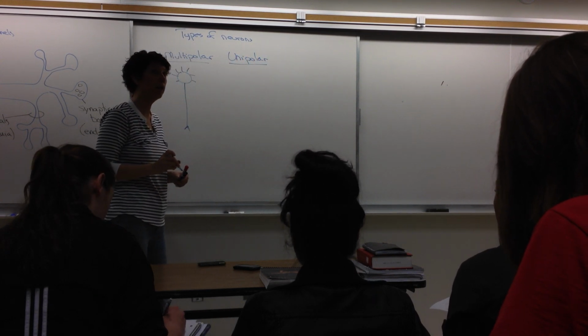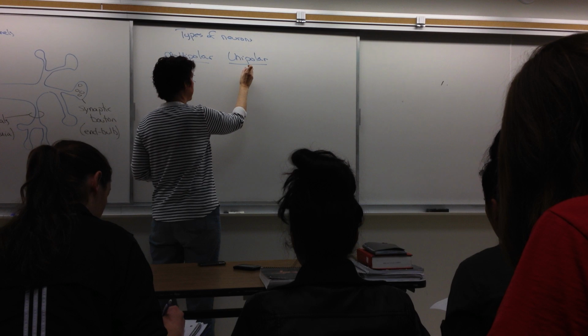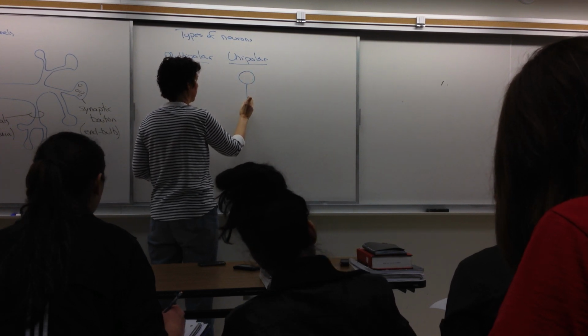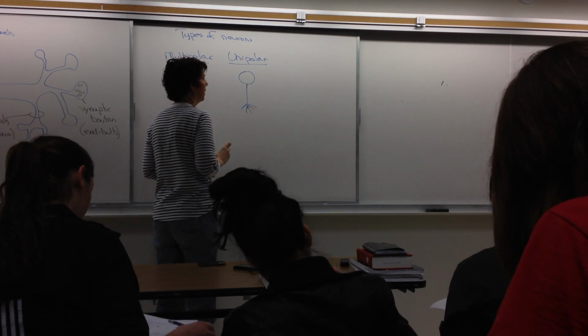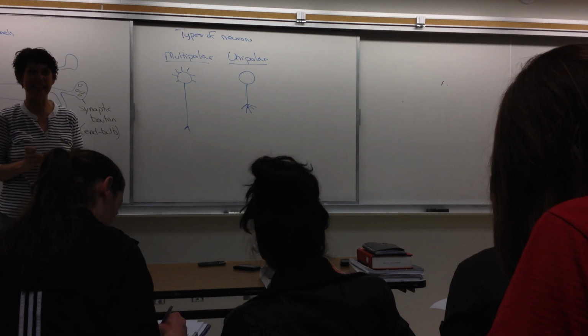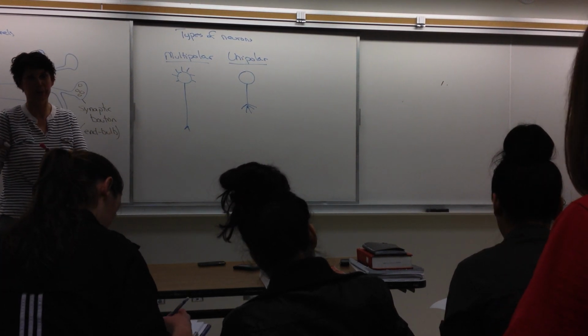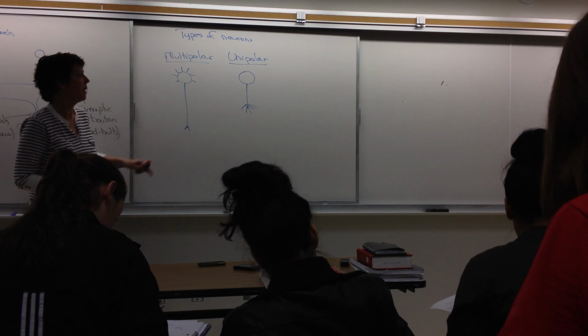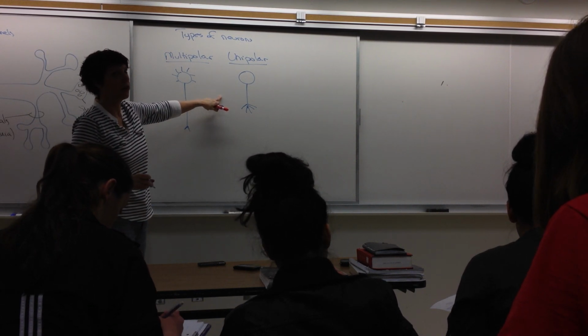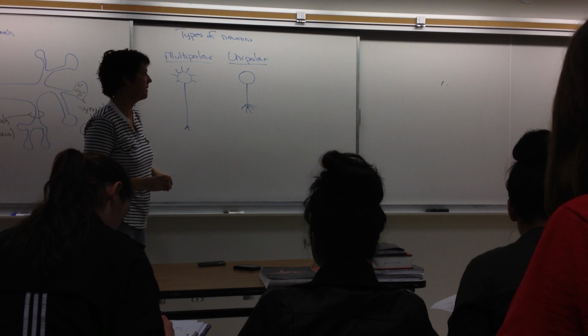A true unipolar neuron has no dendrites and one process sticking out. That's not the unipolar that your lab manual is talking about. I'll get to it, okay? But that's the true unipolar. There are very few unipolar neurons in our body.